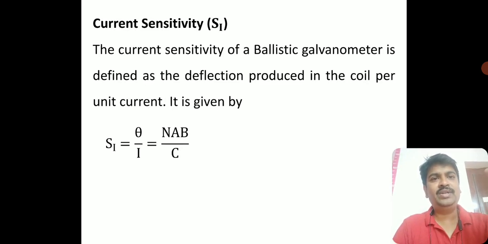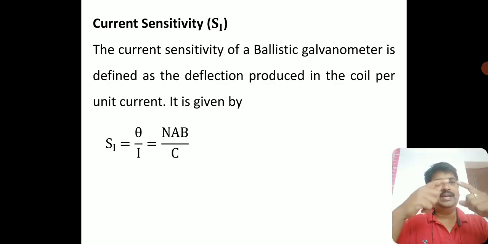After that, you need to know one more important definition, that is current sensitivity. The name itself indicates how you can define this quantity. The current sensitivity of a ballistic galvanometer is defined as the deflection produced in the coil per unit current.